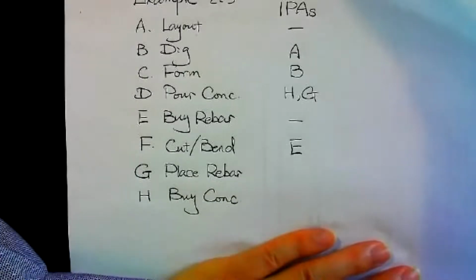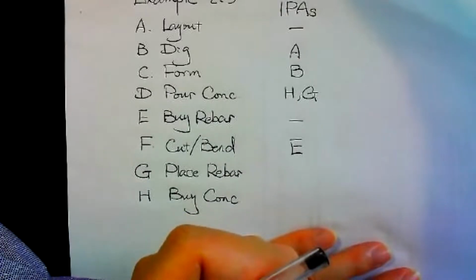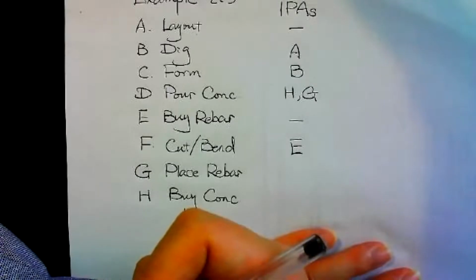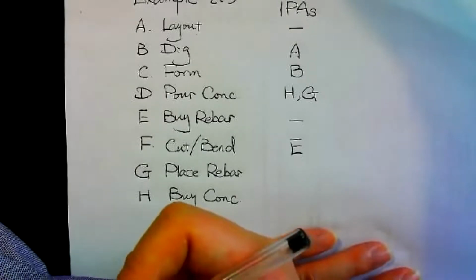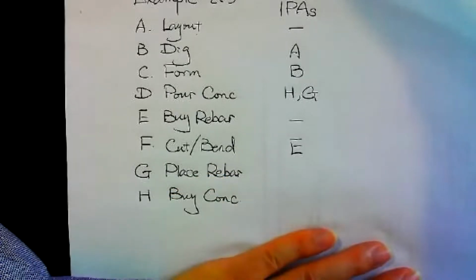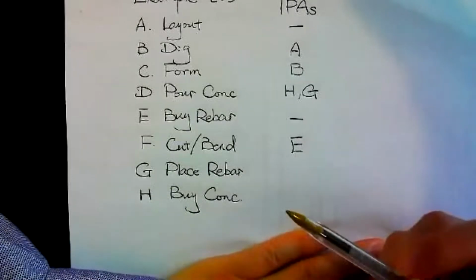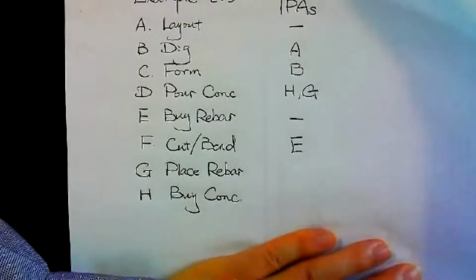What needs to be ready before I place rebar? Which one is the IPA for E and F?